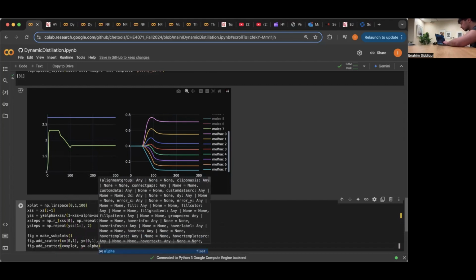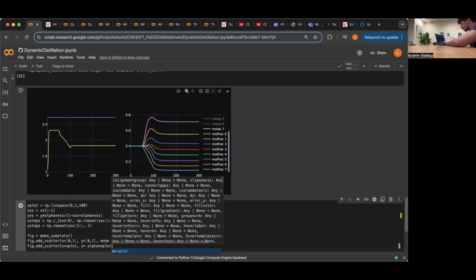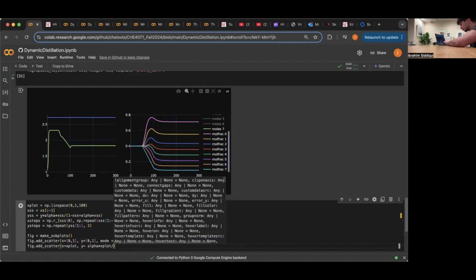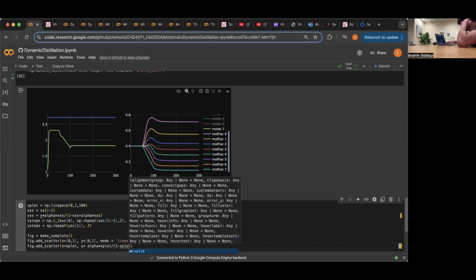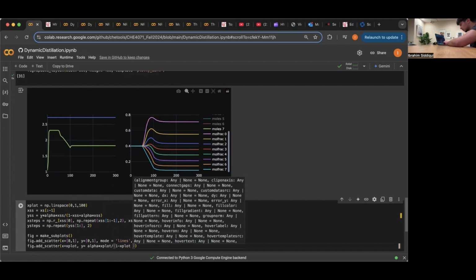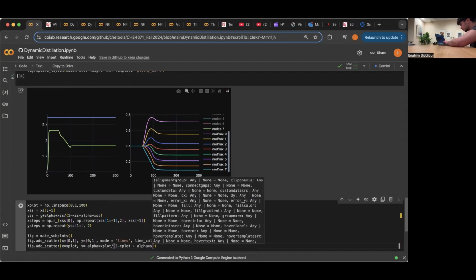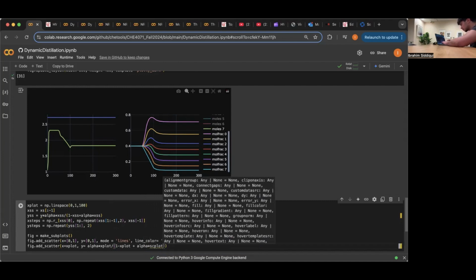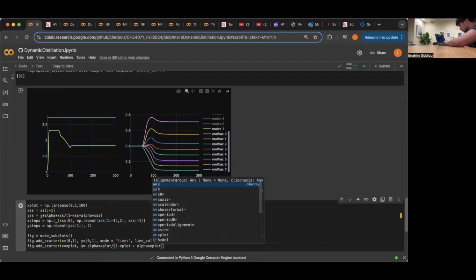It's going to be equal to alpha times our X plot, and this is going to be divided by 1 minus X plot plus our alpha times our X plot.